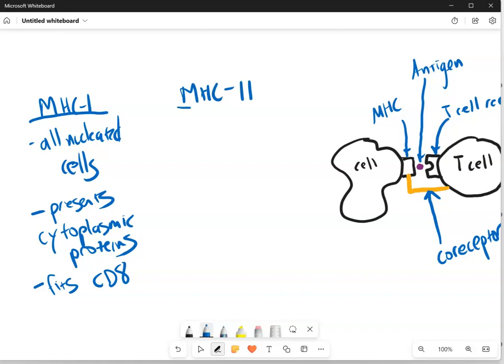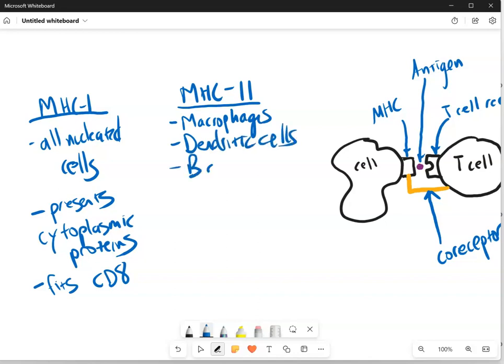MHC2 is in macrophages and dendritic cells and B cells and some others. It presents proteins. Well, technically it presents endosomal proteins.